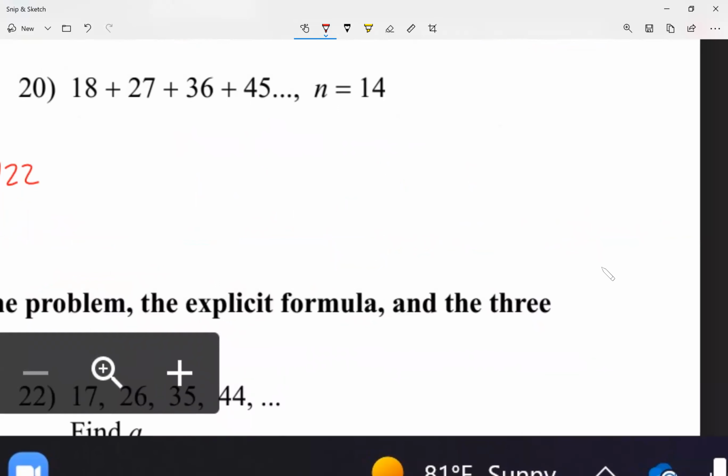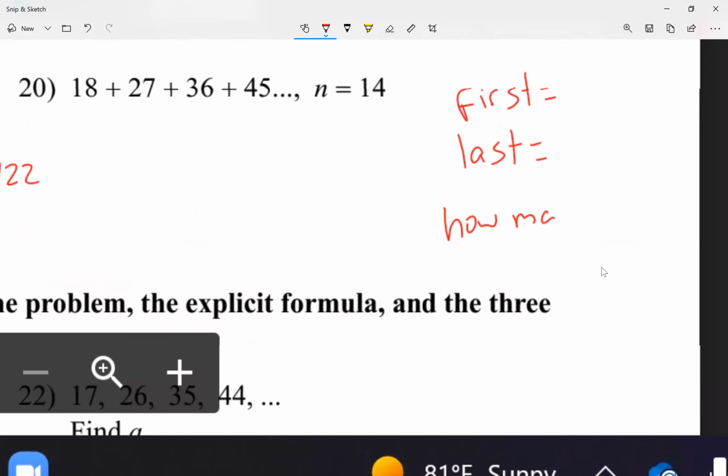I need to know the first number on my list, the last number on my list, and how many numbers I'm adding. My first number on the list is 18, and I'm adding 14 numbers. N equals 14.